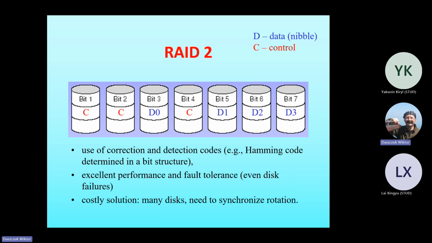It is costly, but less than mirror. Here we have 3 control disks because we have 4 bits, so it is 2 to the power of 2. For 8 bits, so a complete byte, we need only 1 control disk more, because every control disk doubles the number of bits that we can control.